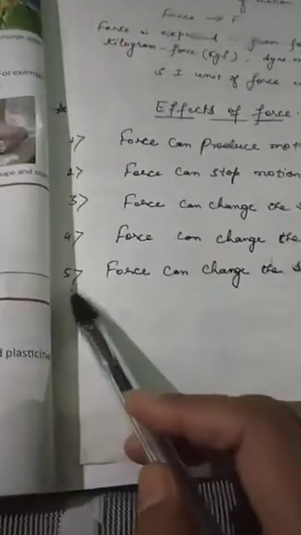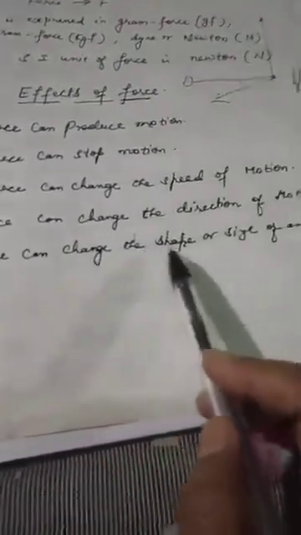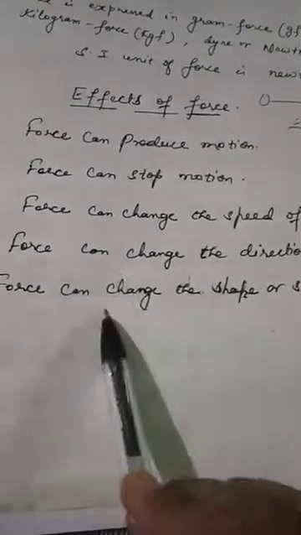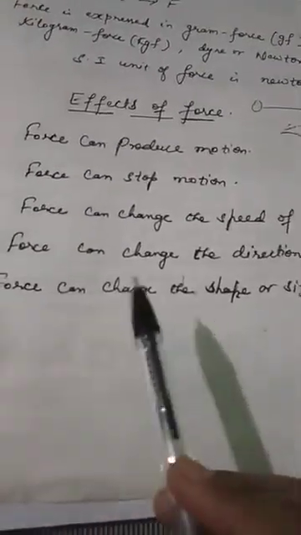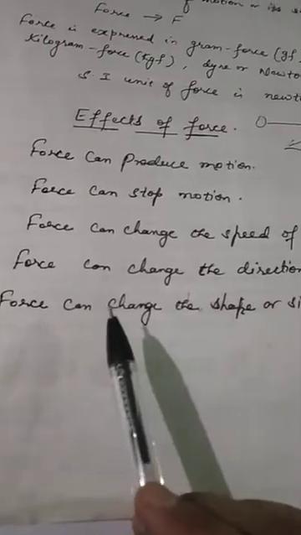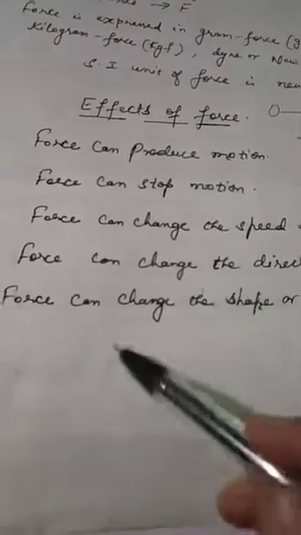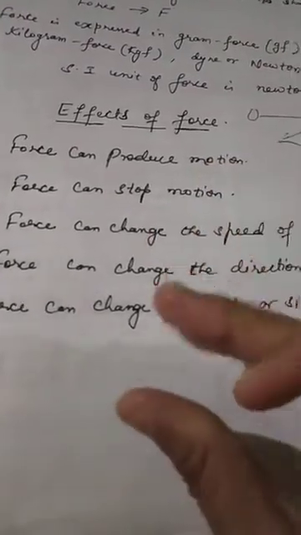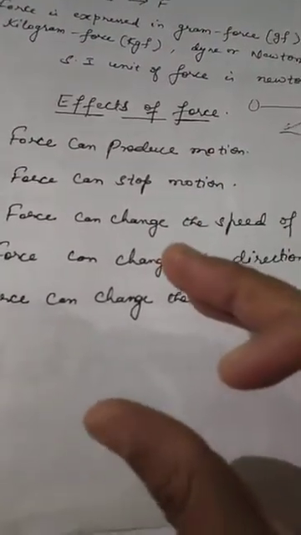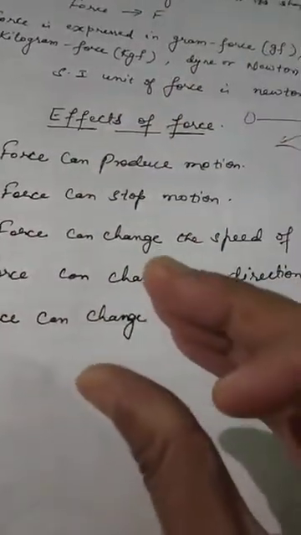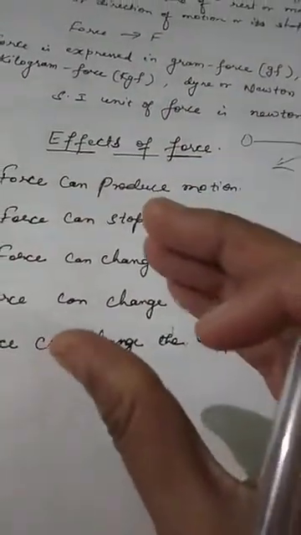Now the last is force can change the shape or size of an object. Yes, definitely force can change the shape and size of an object. Take an example of a balloon. An inflated balloon, if you apply force, the shape of the balloon changes. Or you can take the example of cotton. We can apply force on the cotton or candy floss.